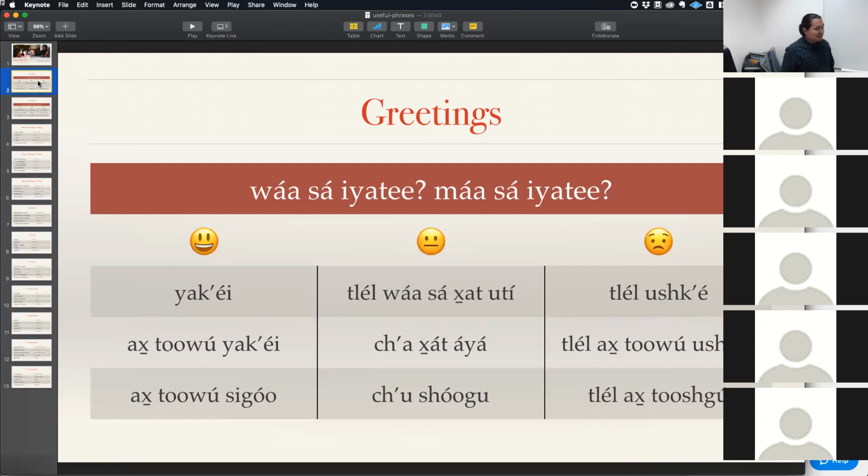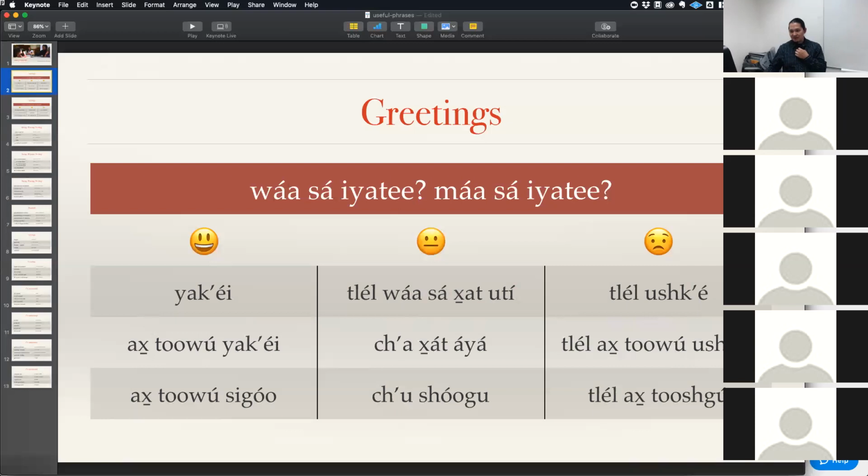And you might hear some people say, Wasasiyati. So that S is just this little contracted particle. There's just a slight difference. Wasa'iyati is how are you doing? Wasasiyati could probably be interpreted as maybe tell me how you're doing.